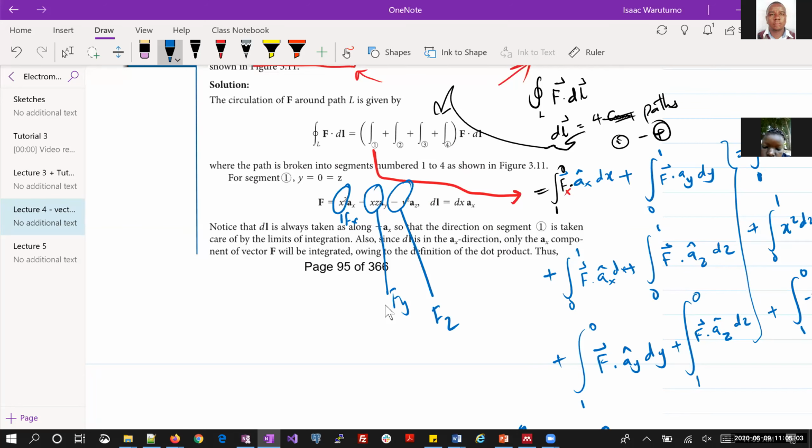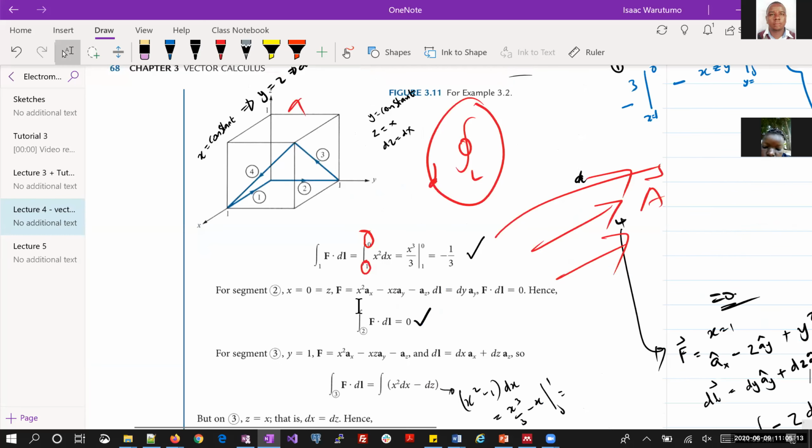So we are saying that we are going to do Fx dot ax dx. Going down here, as much as possible not to confuse you, my Fx is x squared. I hope that is straightforward.